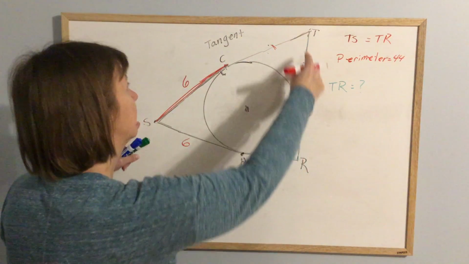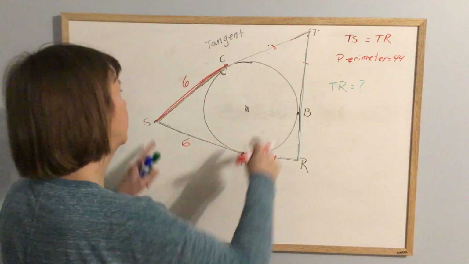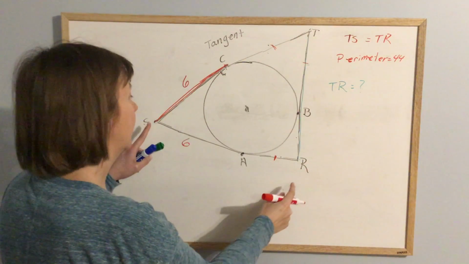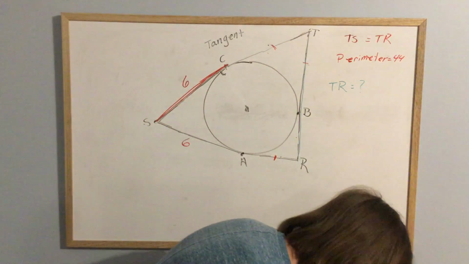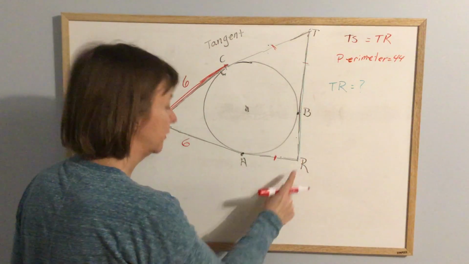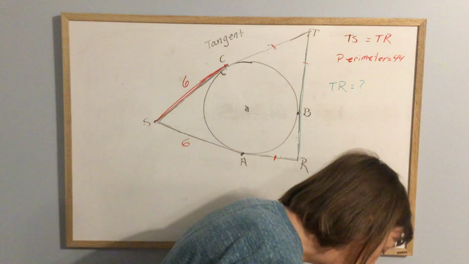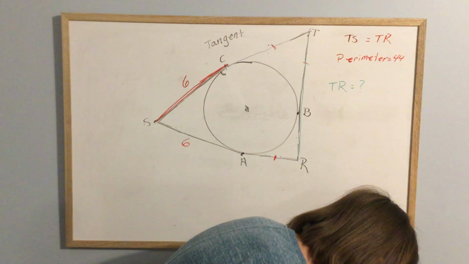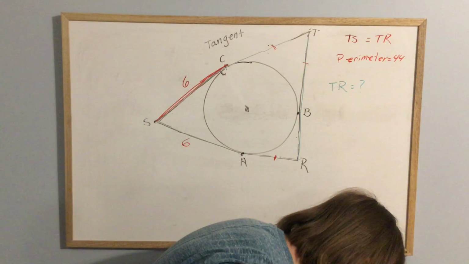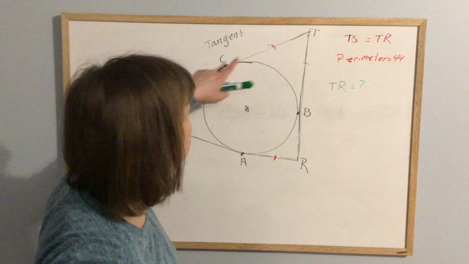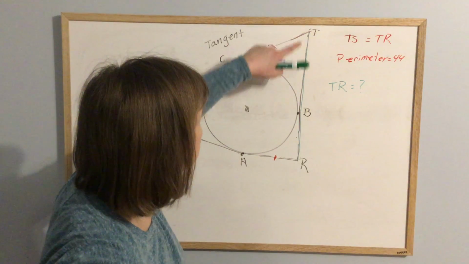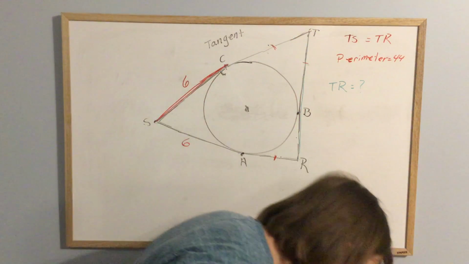If this length and this length are the same from T to S, and from, wait, did they say T? Yeah, they said TS and TR are equal, sorry. And TC has to equal TA, so TC has to equal, what?